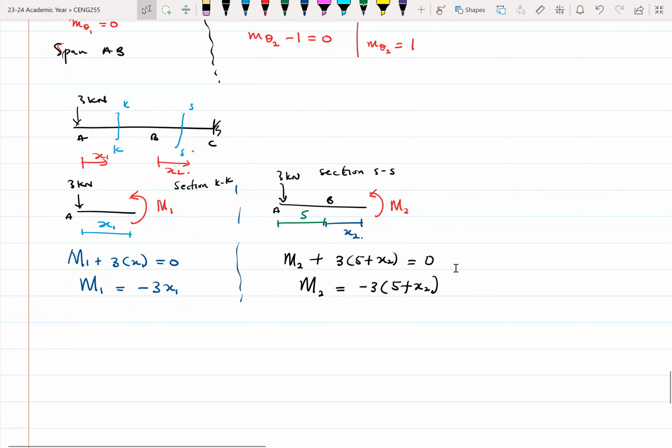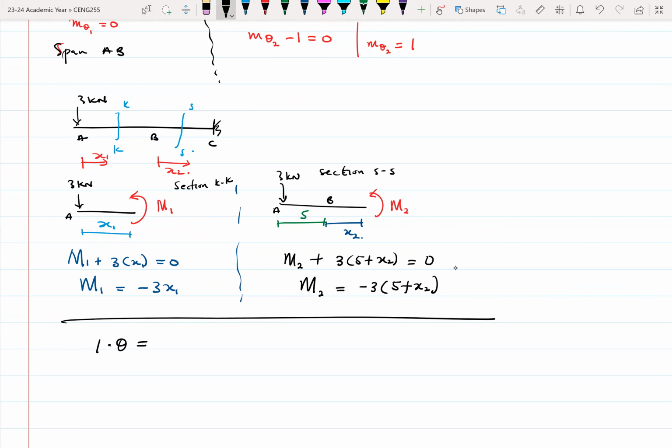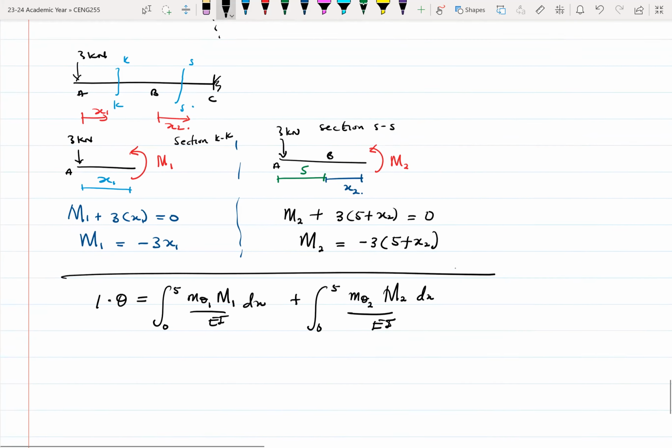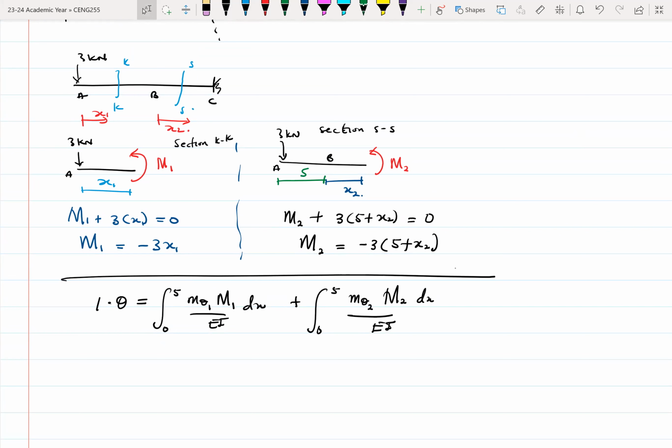So the equation here will be 1 times theta equals the integral from 0 to 5 of m theta 1 times big M1 over EI dx, plus, with x2 also going from 0 to 5, the integral of small m theta 2 plus big M2 dx over EI. Here we just place in the equations that we've written, and then we do our integration.